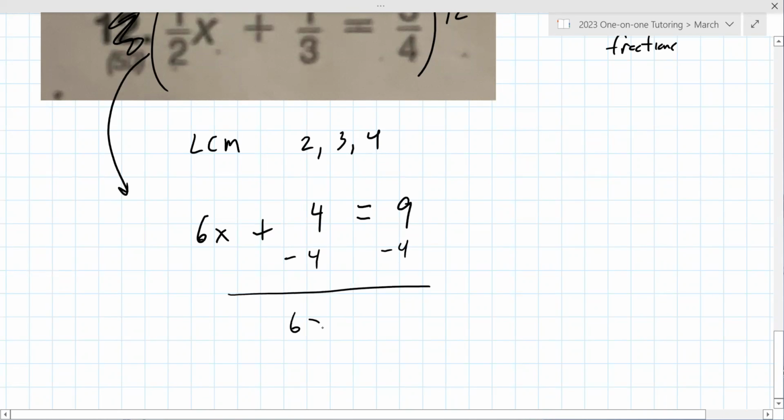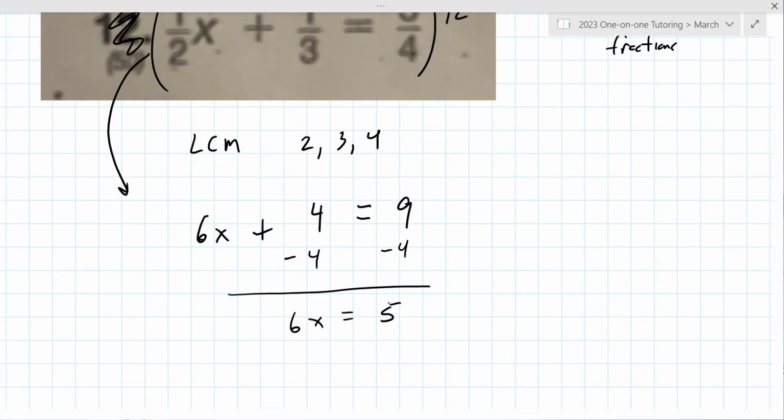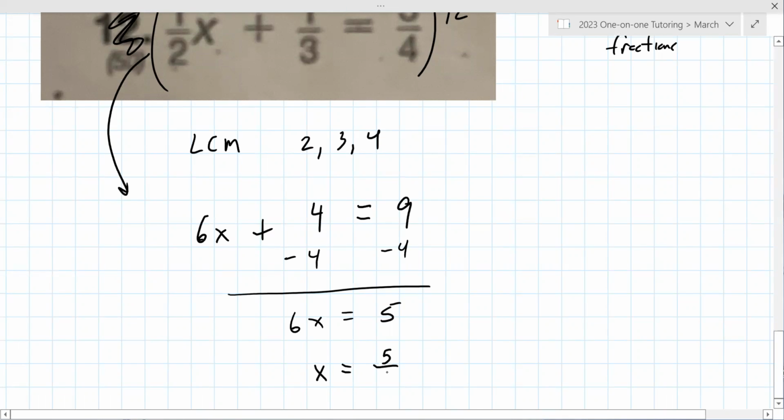Oh, you need to isolate. Okay. Yeah. So that cancels out. How does 6x equal 5?